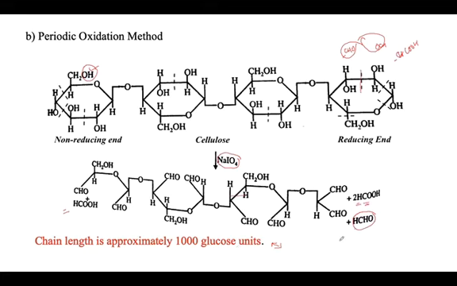The over oxidation was avoided by a modified method. In that case, there was a cellulose. The cellulose units were reduced by using sodium borohydride, NaBH4. This sodium borohydride reduces the terminal reducing units.